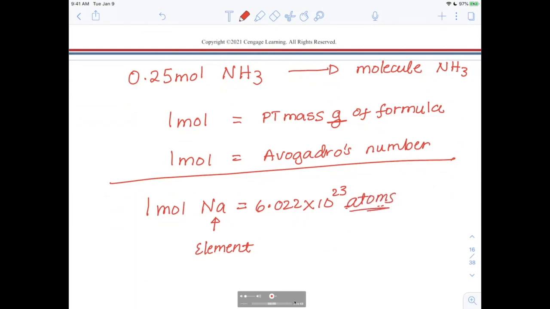So the word atoms goes with element. As long as the formula provided to you is an element, you have to use the word atom. Remember I told you guys earlier that elements and atoms are used interchangeably because the building blocks of elements are atoms. Okay.